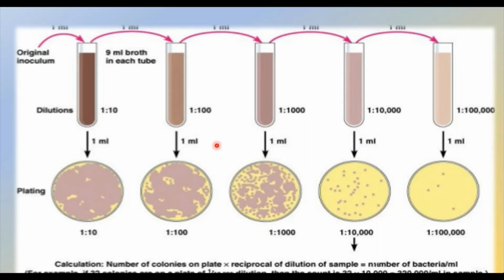Coming to this figure, for convenience, we obtain a colony count for bacteria in any sample. We can check a milk sample, water sample, or anything. So 1 ml of a well-mixed sample is placed in 9 ml, or otherwise we can take 99 ml if it is milk, of a sterile dilution solution. This dilution solution can be water, nutrient broth or saline solution.